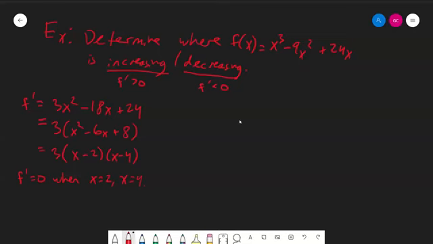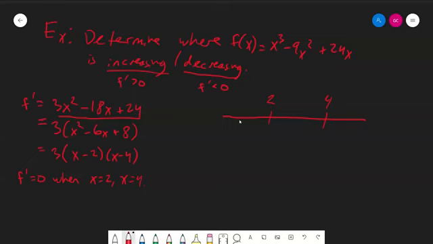So what I'm going to do is draw a number line here where we have x equals 2 and x equals 4. Those are the two places where the derivative was 0. And since the derivative is a continuous function, it's just this polynomial here, the only way that polynomial can change from being positive to negative is if it goes through 0.